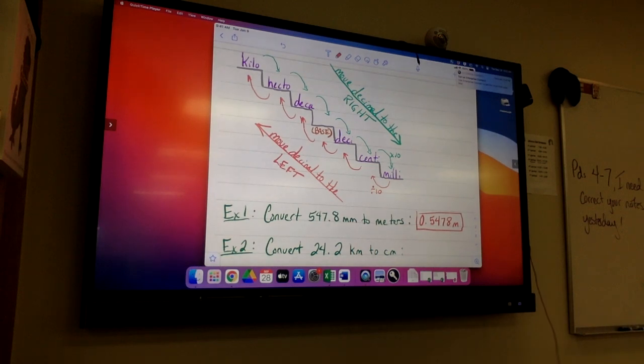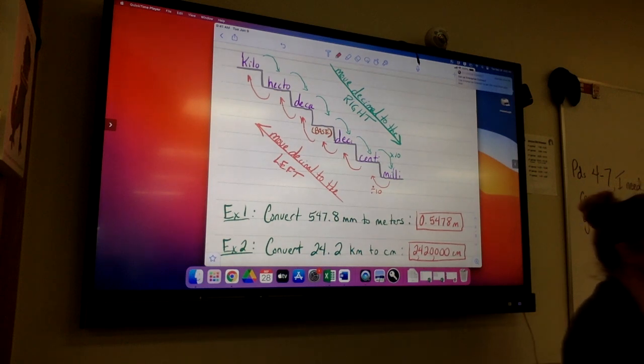It is 2, 4, 2, 1, 2, 3, 4 zeros. Centimeters. Simple? Liar. Metric system is crazy simple.